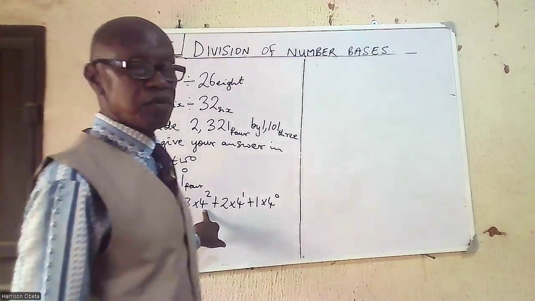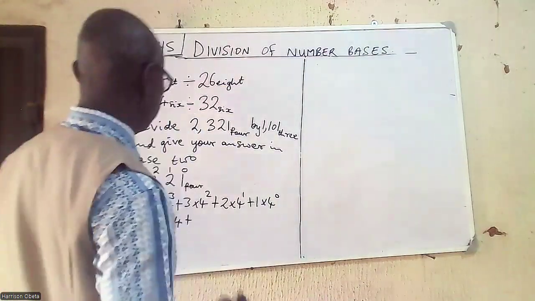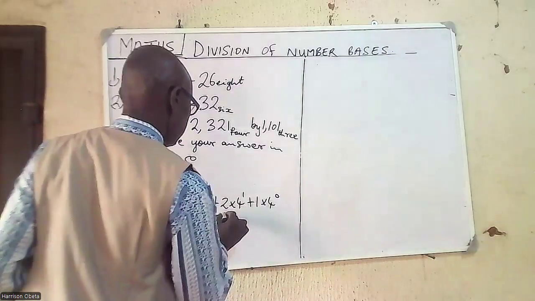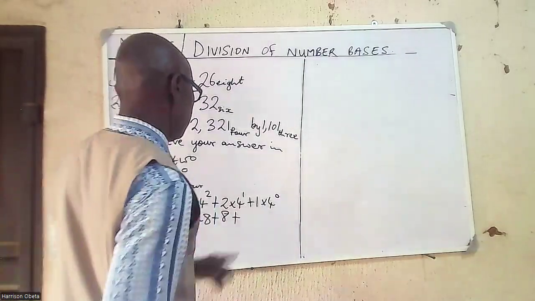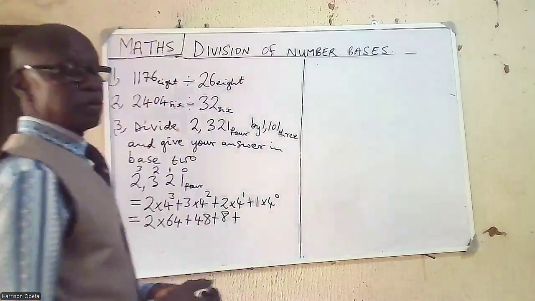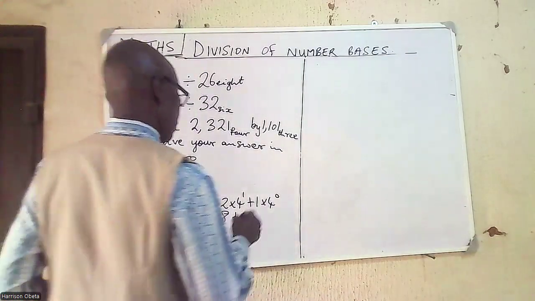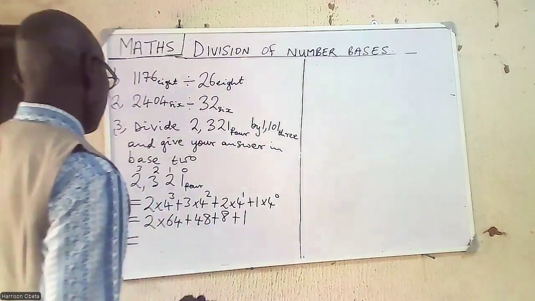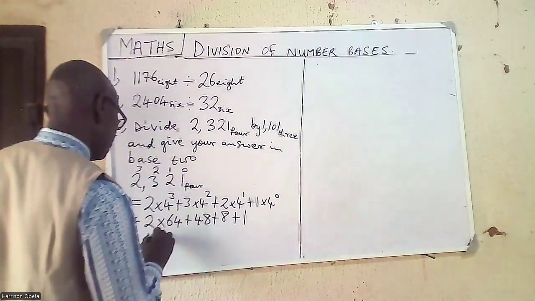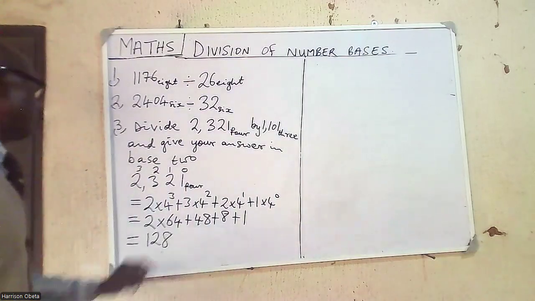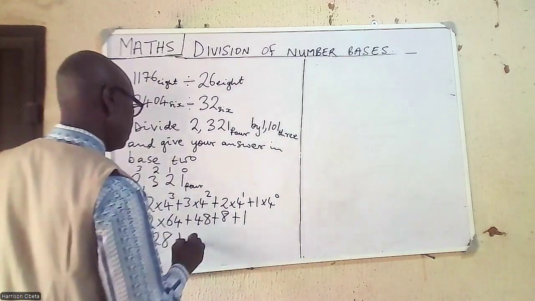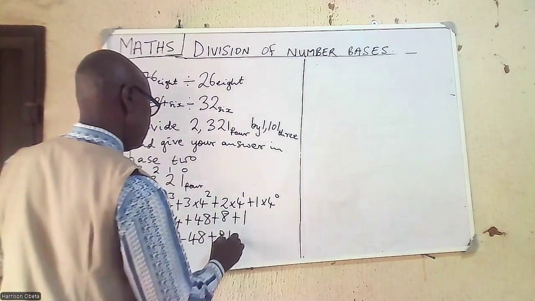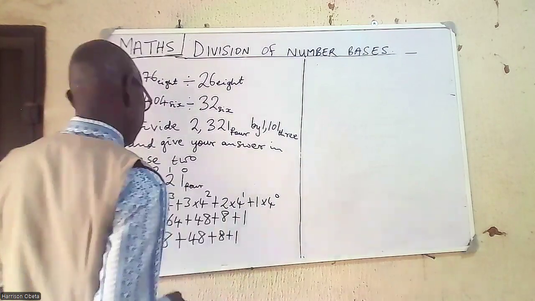Plus 4 times 4 is 16, times 3 is 48. Plus 2 times 4 is 8 plus 1 times 1 because 4 raised to power 0 is 1. So 1 times 1 is 1. And that will give us, this is 128. That's 2 times 64 plus 48 plus 8 plus 1.